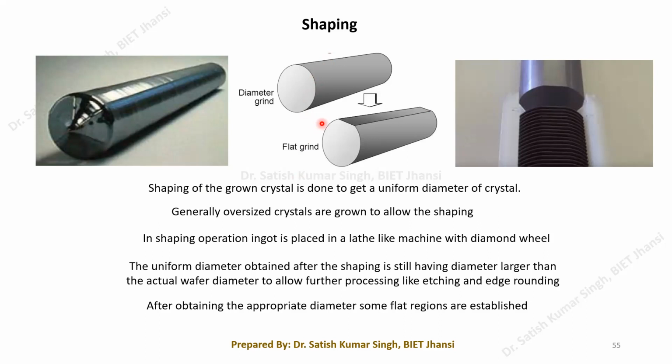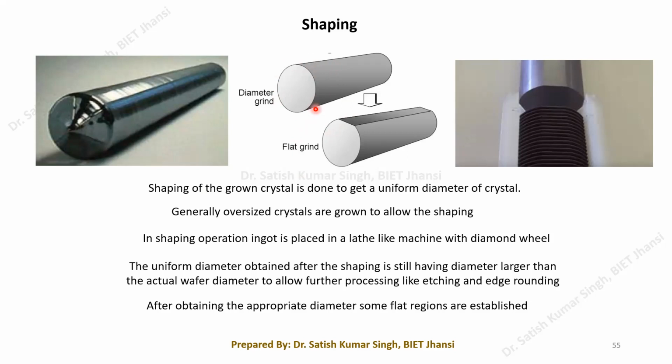I already explained in the previous lectures that normally the range of wafer thickness is somewhere around 500 micrometers to somewhere around 750 micrometers, or maybe more than that. So that is the thickness of the wafers we require. Similarly, we need a certain diameter of our wafers.